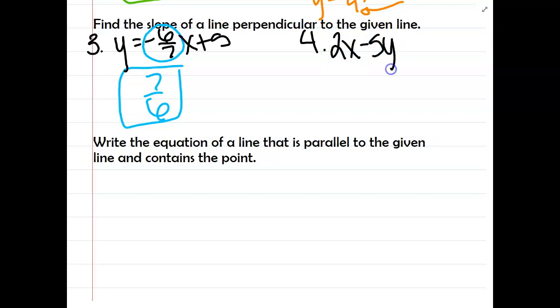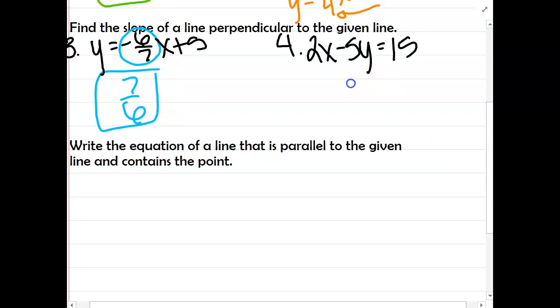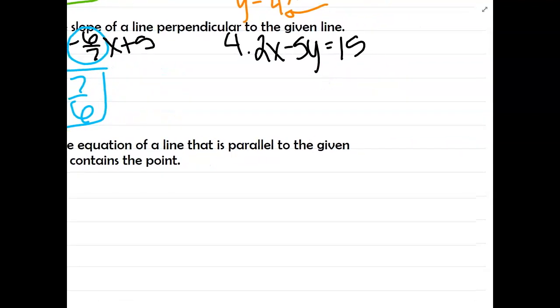2x minus 5y equals 15. So once again, super important, you cannot pick out the slope unless it's in y equals. So the first thing I need to do is to put it into y equals. So we're going to move the 2x, so subtract 2x from both sides.